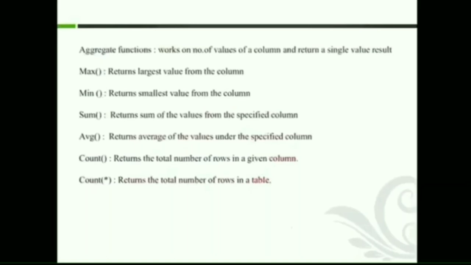After that, average returns the average of the values under the specified column. Count returns the total number of rows in a given column and count star returns the total number of rows in a table. Means count star will tell how many rows are in the given table. So students, these were the 6 aggregate functions which we discussed today with examples. Okay, it is one of the most important functions from the exam point of view.